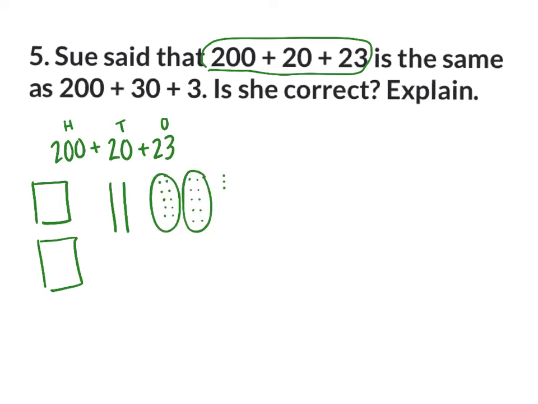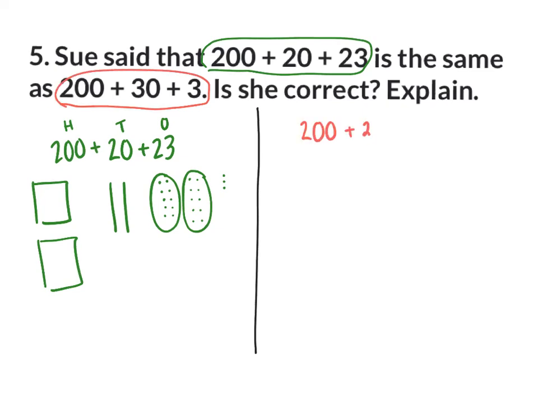Okay, so now I have that shown in my base 10 blocks. Now I'm going to show the other expanded form with base 10 blocks. 200 plus 30 plus 3. Remember your hundreds, tens, and ones.